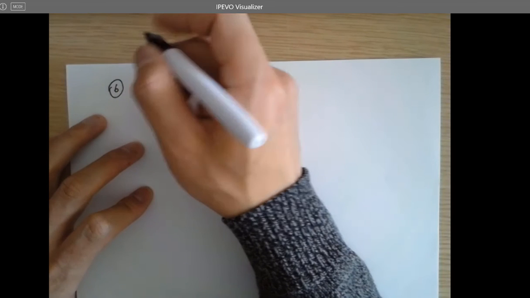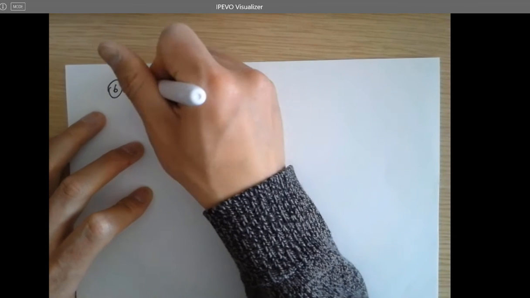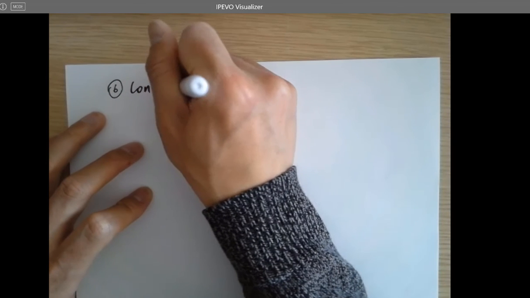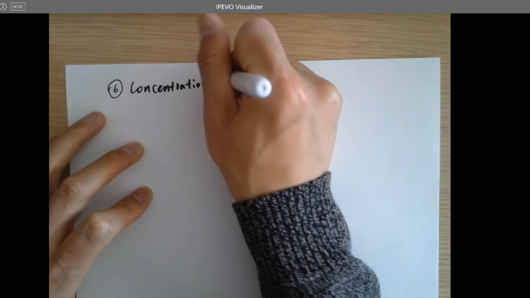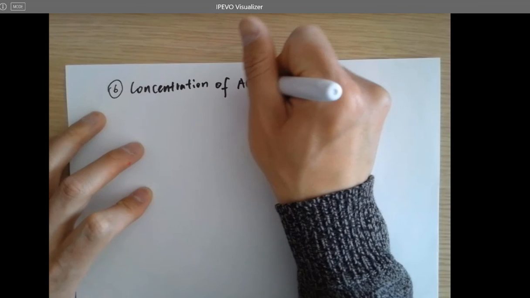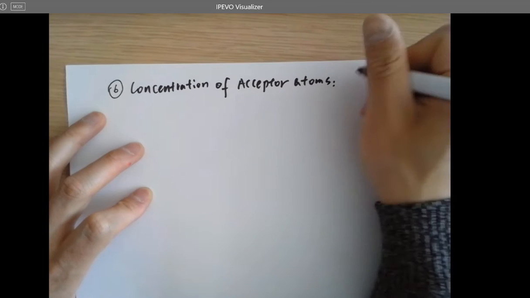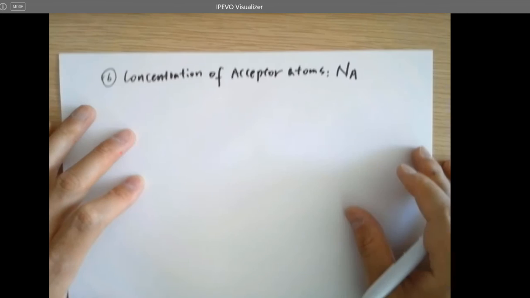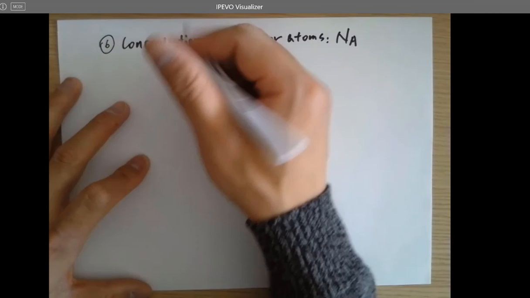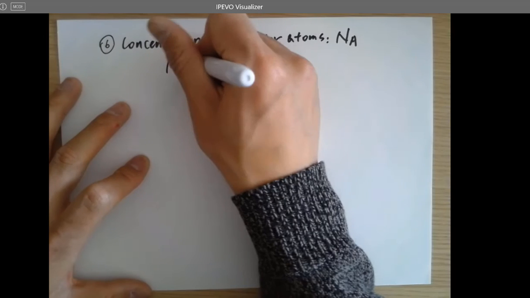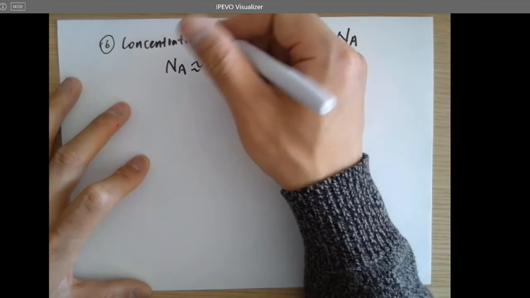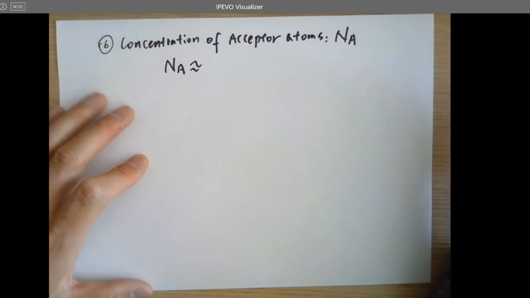For the p-type, the concentration of acceptor atoms is called Na, and Na is approximately equal to what?